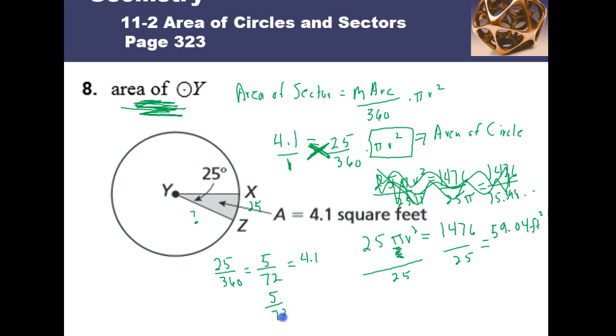So if I let A equal area, and I get that, I'm going to multiply by the reciprocal, which is 72 fifths. So 4.1 times 72 divided by 5.